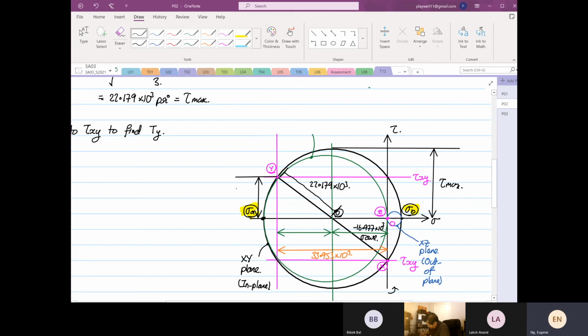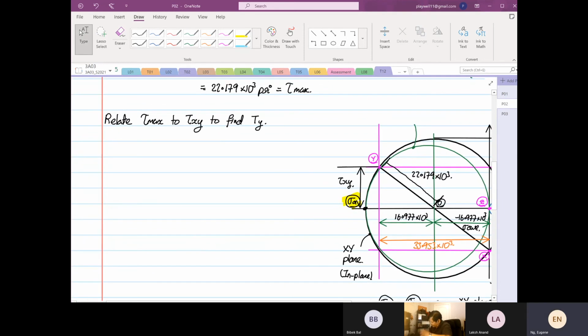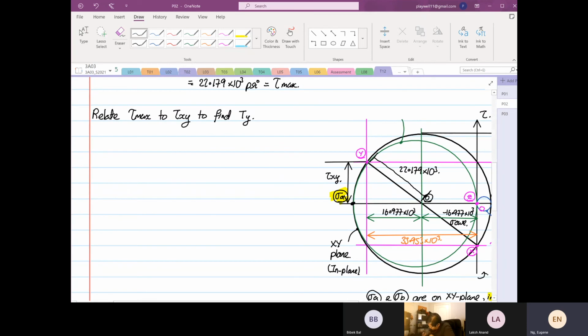Right, we have to find our tau xy. And then we also know this distance is 16.977 times 10 to the power 3. So by knowing that, shear xy is equal to the square root of 22.179 times 10 to the power 3 squared, minus 16.977 times 10 to the power 3 squared.